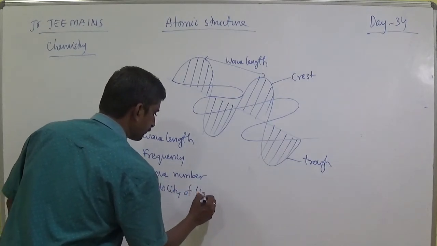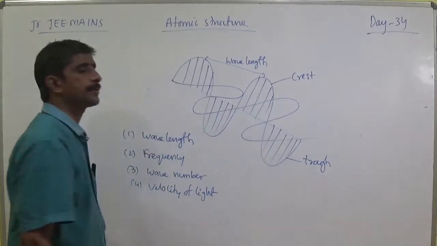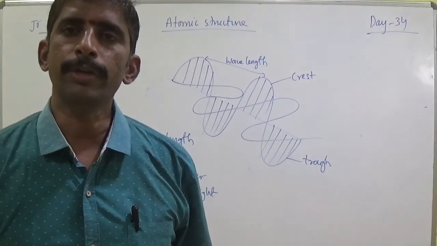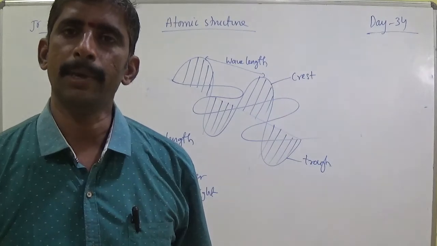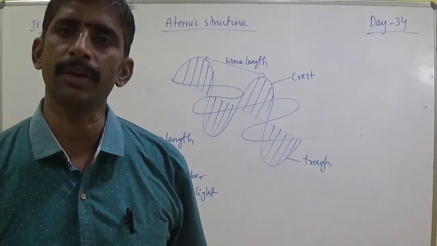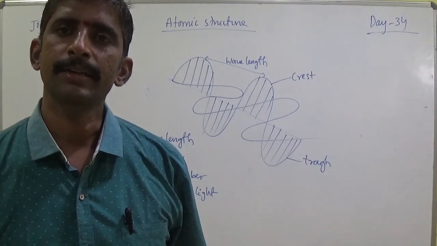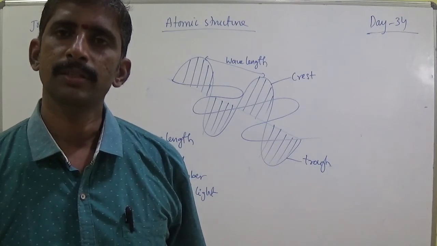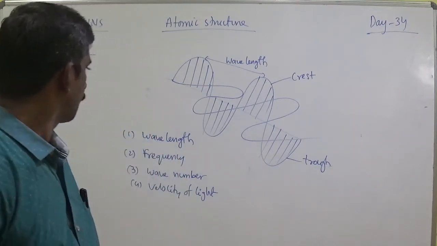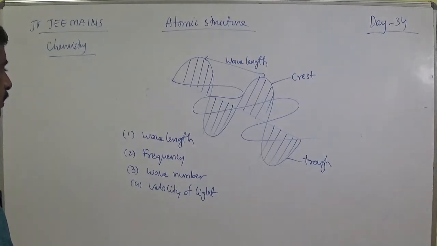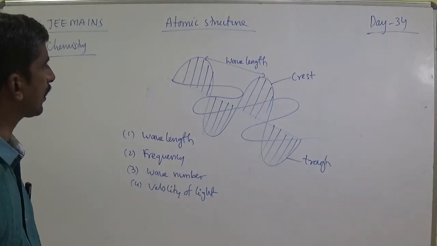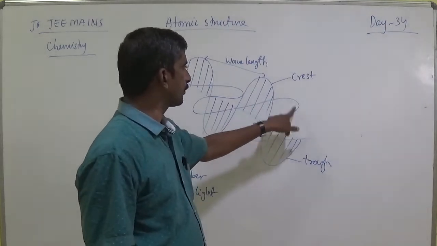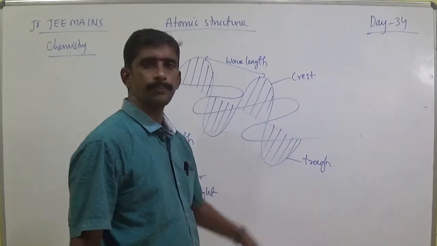Mainly four characteristics. Here is the magnetic field and this is the electric field. These are crests and these are troughs.